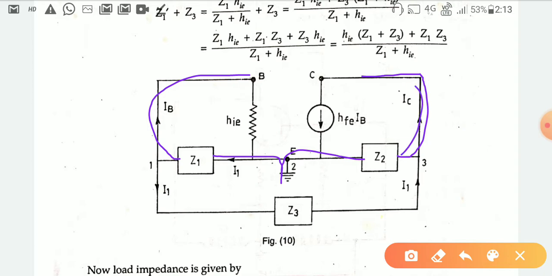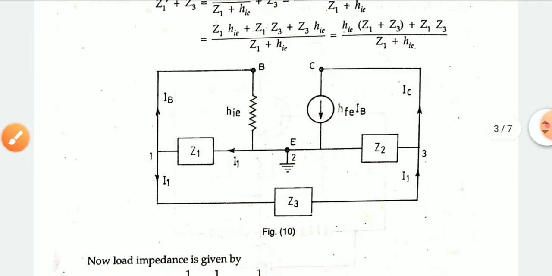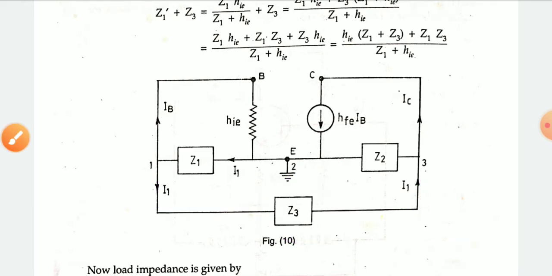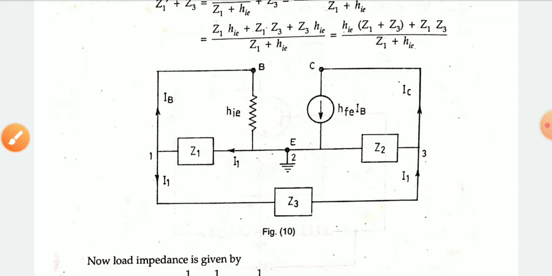And the capacitor, which is replaced here as Z3, has two terminals connected, one to the L2 side and the other to the other side of L1. So this is the total equivalent circuit for the Hartley and also the Colpitts.